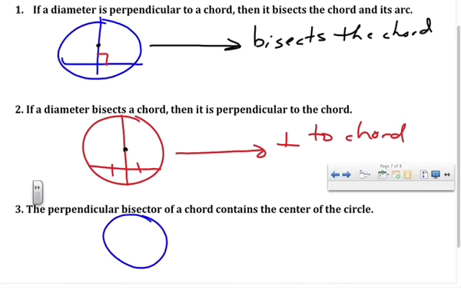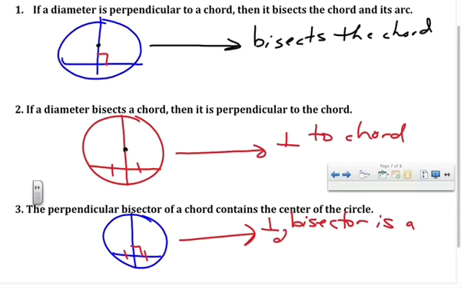And if I have a chord that has been perpendicular bisected, then I know that perpendicular bisector is a diameter.